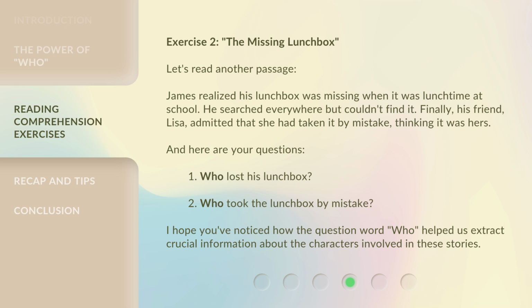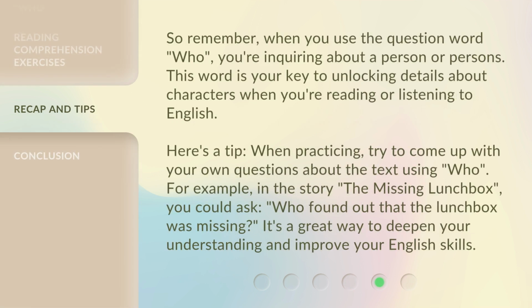I hope you've noticed how the question word, who, helped us extract crucial information about the characters involved in these stories. So remember, when you use the question word, who, you're inquiring about a person or persons. This word is your key to unlocking details about characters when you're reading or listening to English.